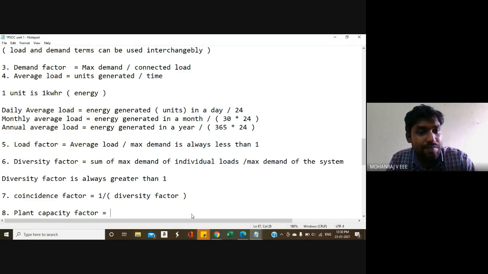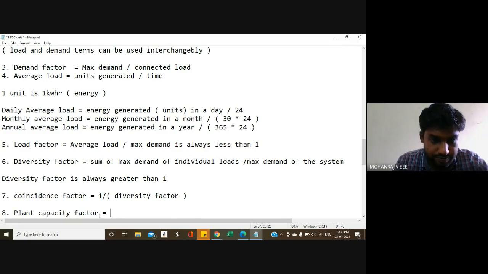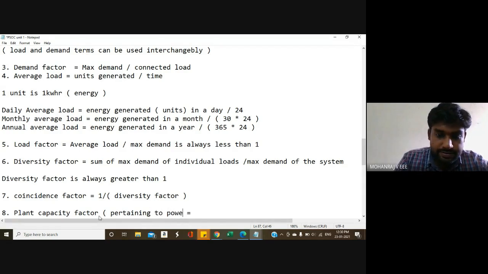So plant capacity factor is equal to, pertaining to power, average load divided by the capacity of the plant.